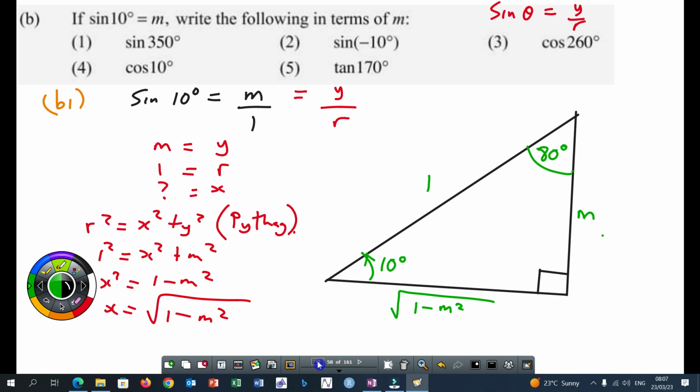Now, next page, we're going to answer B1, sine 350. What is sine 350 in terms of m? We use reduction to reduce 350 degrees to an acute angle. 350 degrees is in the fourth quadrant. So which angle can we subtract from 360 to get 350? 10 degrees.